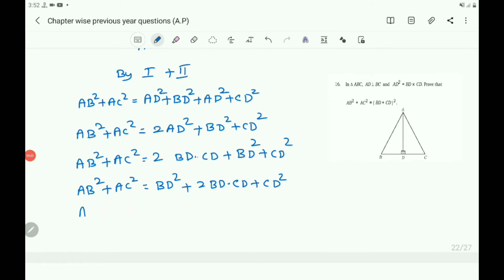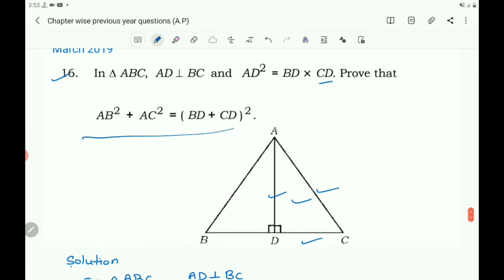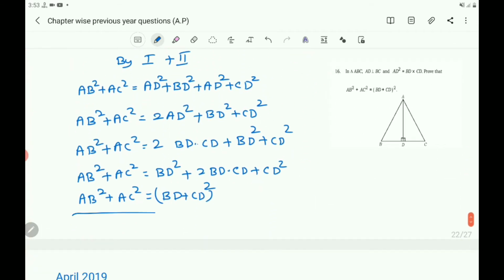A square plus 2AB plus B square is the expansion of A plus B the whole square, that is nothing but BD plus CD the whole square. What is required here? Here we need to prove that AB square plus AC square equals BD plus CD whole square, and we got this.